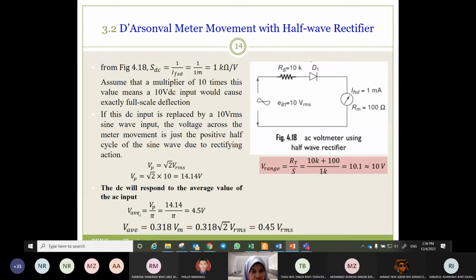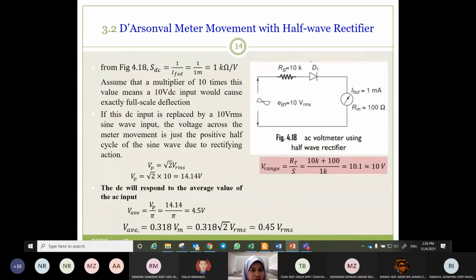So we have to find the average value. V average is equal to V peak over pi. 14.14 divided by pi is equal to 4.5 volt. So now with 10 VRMS or 10 volt AC, the meter reads 4.5 volts.